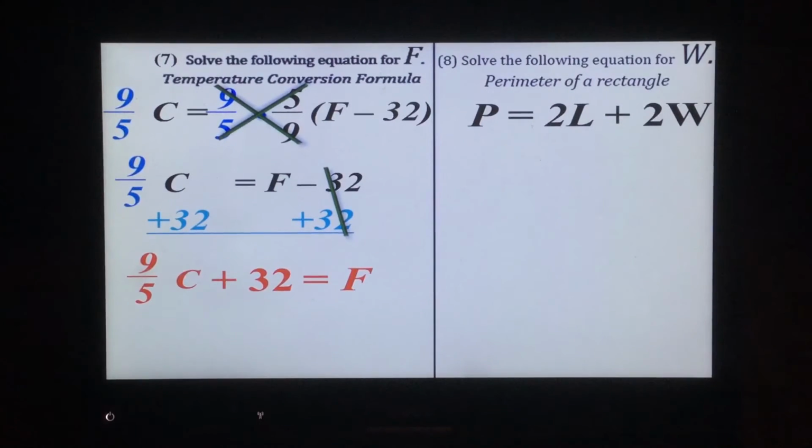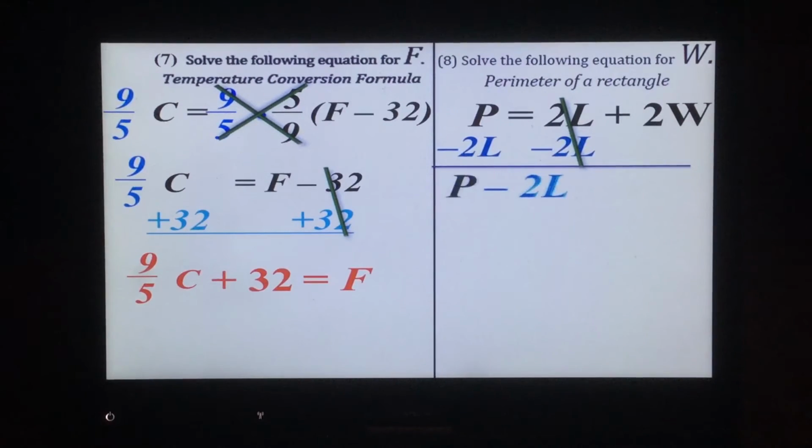All right guys, so hopefully you got this. What you have to do in this one is get rid of what's furthest away from the W. Over here we have a 2 that's being multiplied with the W, and then over here we have 2L that's being added. So let's get rid of that by subtracting it from both sides. You wind up getting P minus 2L is equal to 2W.